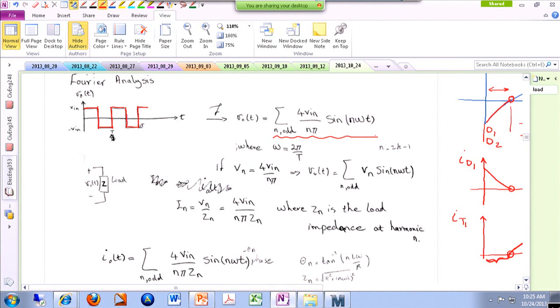First of all, you only have harmonics appearing at odd harmonics because the signal is symmetric. Symmetric in a sense that immediately at the half of the period, we are turning the polarity of the signal.